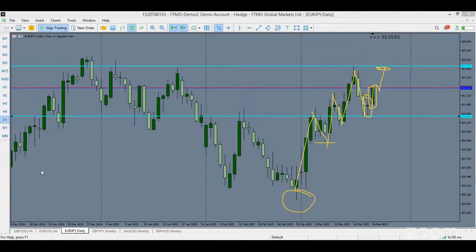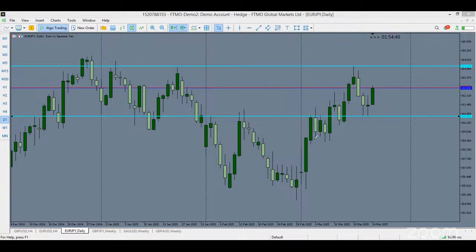Okay, so that's how you look at your charts. When you're doing a top-down analysis, you have to look at what is the story that the chart is telling you. You have to be able to read or interpret what each candle is telling you.